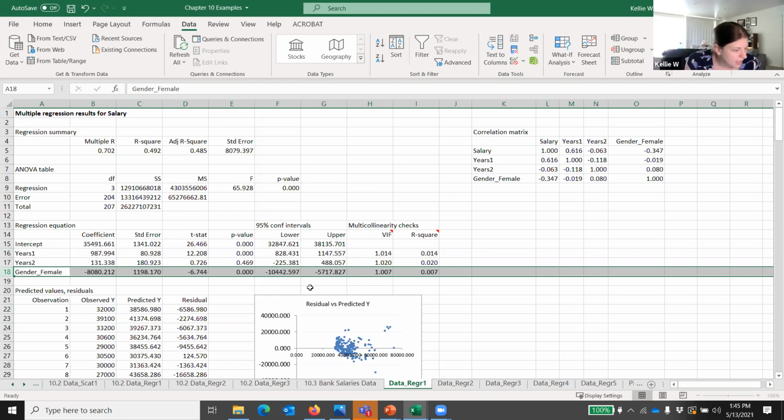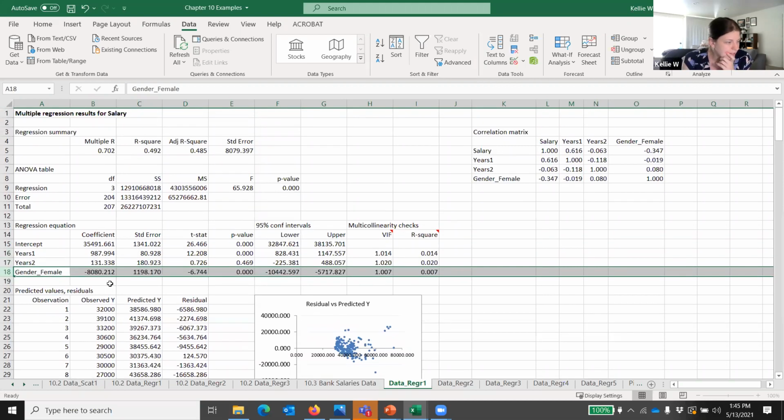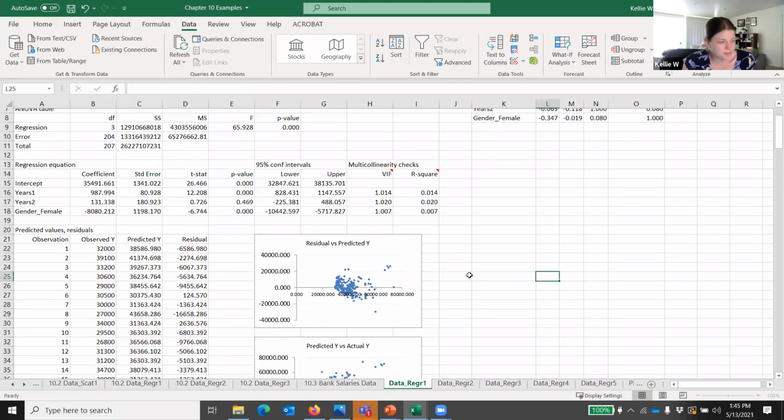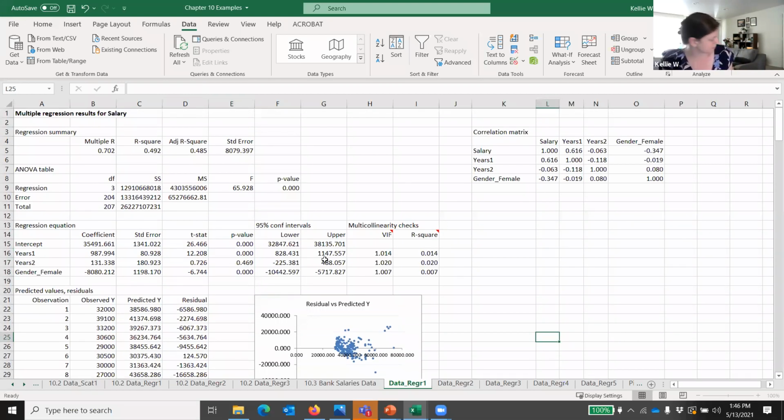The residuals are a little interesting here, that's worth noting. Our values are okay, our coefficients are okay, but our R-squared is pretty low. So this regression is not a good predictor. Gender and years of experience is not a good predictor of salary.